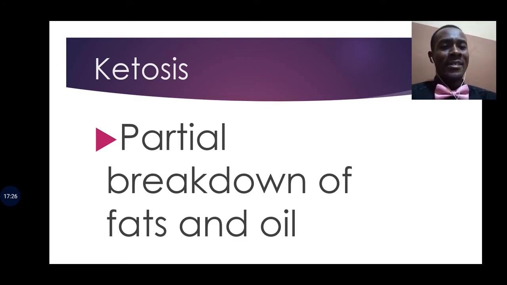And when this happens, most of these fats and oil are not properly broken down. They will yield chemical substances that are acidic in nature called ketones. These ketones, being acidic, when there are many in the bloodstream, begin to cause imbalance in the osmotic content of the blood. And that would lead to a lot of abnormal conditions in the body. So that is ketosis, the partial breakdown of fats and oil as a result of low carbohydrates.